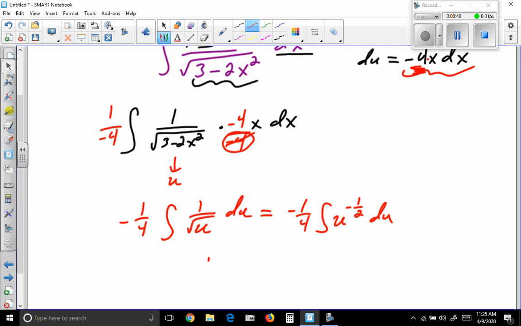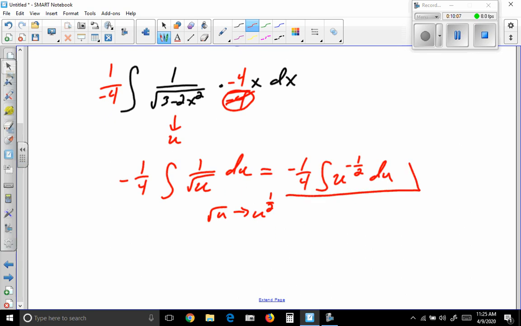Remember, when we're taking the square root of u, we change it to an exponential function. Our root goes on bottom, our power goes on top. So if we have u to the 1/2 on bottom, if we move that to the top, we just change the exponent to a negative.